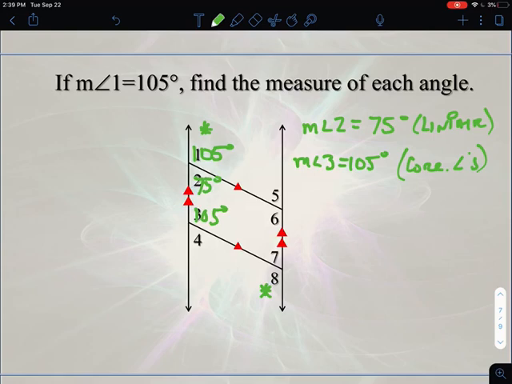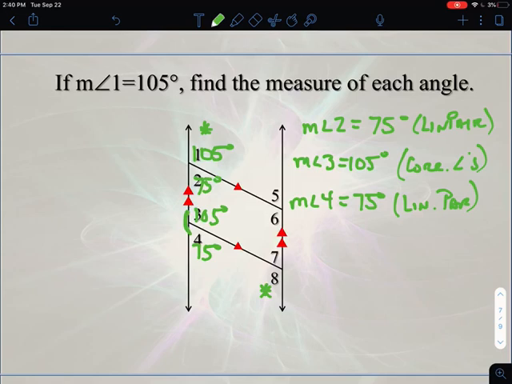So this is going to be 105 because it has to be the same as its corresponding angle 1. And then angle 4 would be 75. Now this could be either because of the linear pair here, or it could be corresponding with angle 2. So either way, we find that angle 4 is 75 degrees.